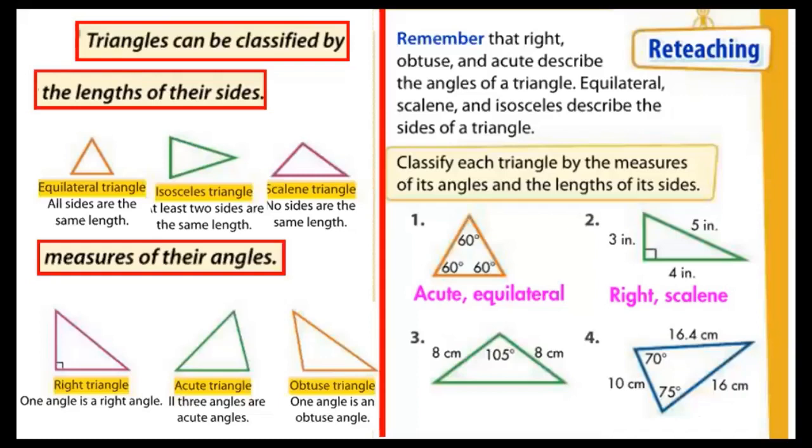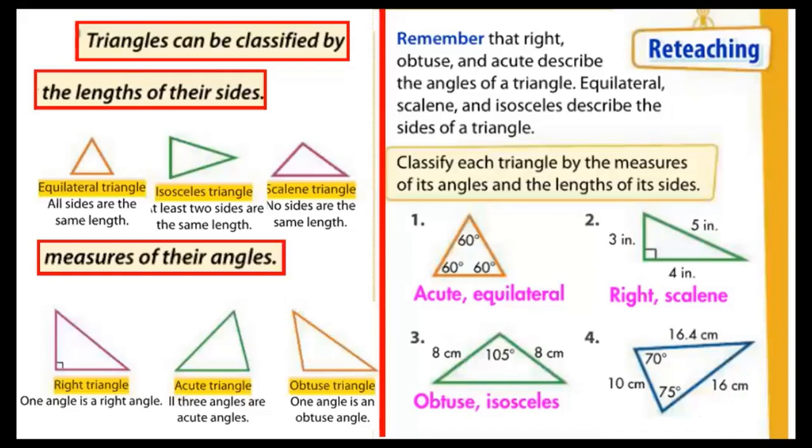There is one obtuse angle inside, more than 90, so it will be 105. So I can classify this triangle as an obtuse isosceles triangle. This is the type of number 3. Okay, carry the answer. Don't forget to write the date of today at the top of the page.